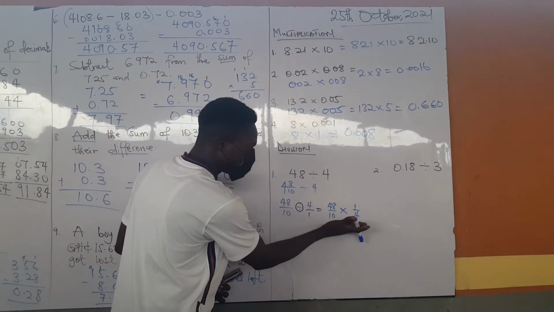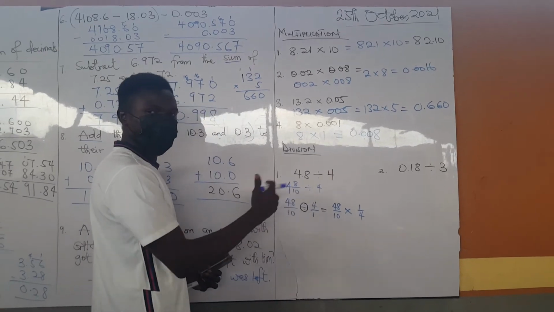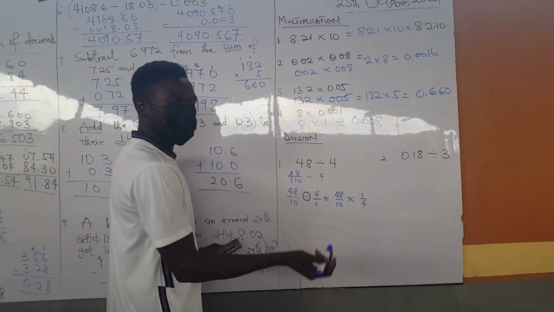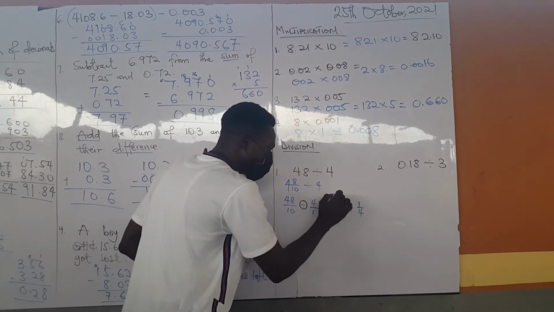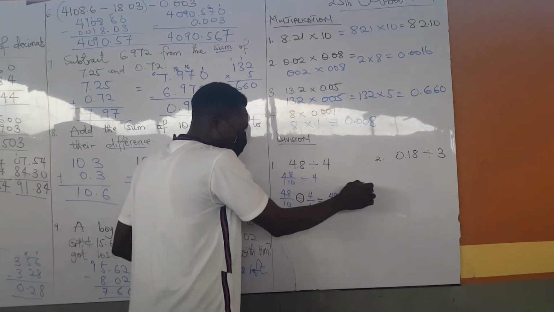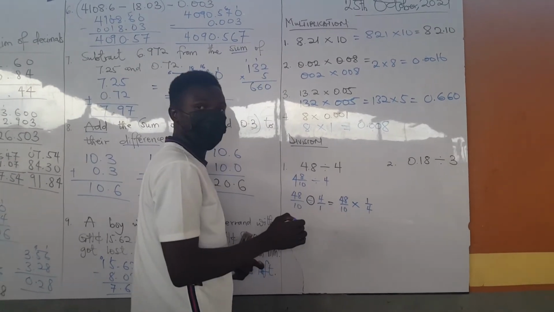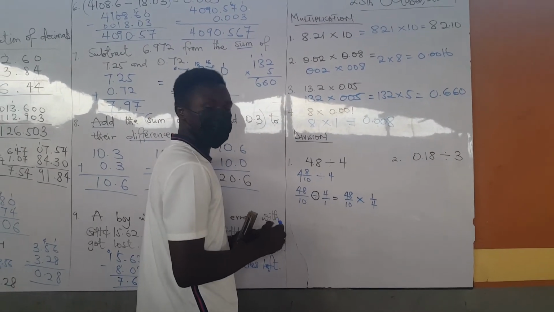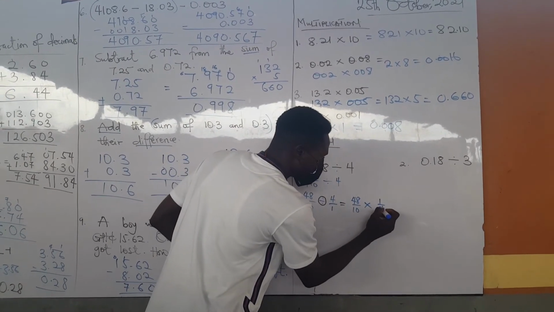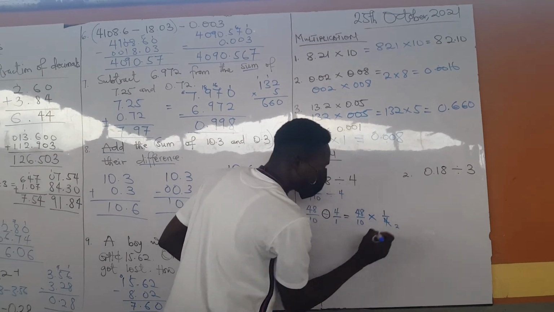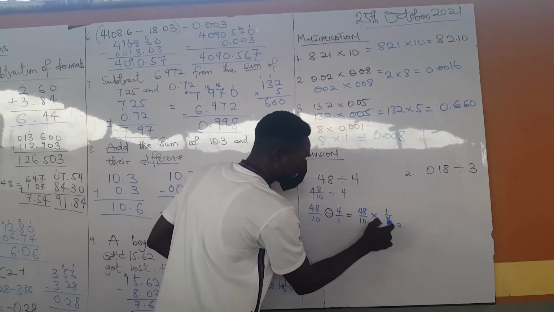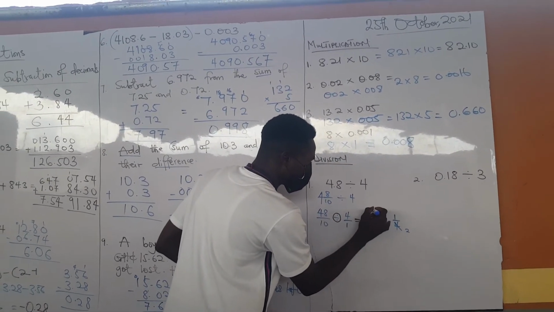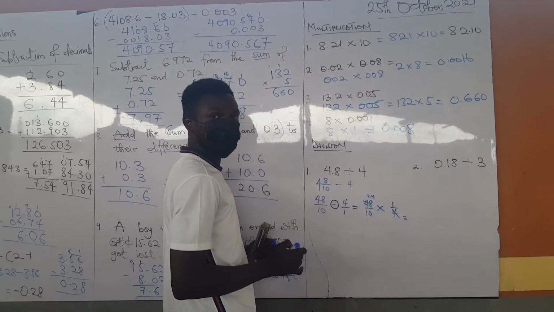Now when you look at this, we can do some simplification or cancellation, and the cancellation is done this way or that way. So let me do the cancellation this way. I can say 2 will go into 4 2 times, and 2 will go into this one 24 times.